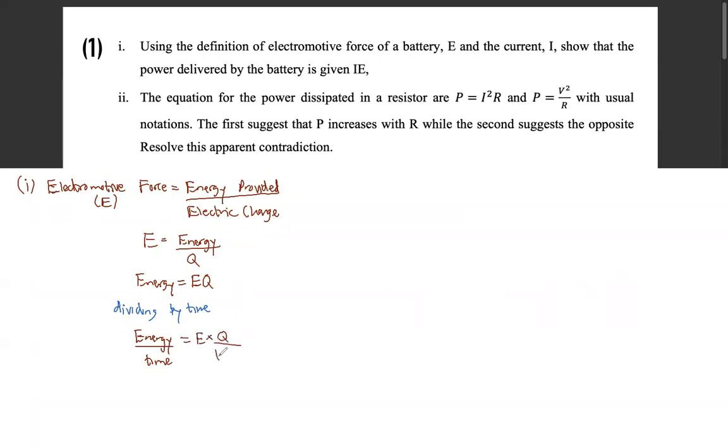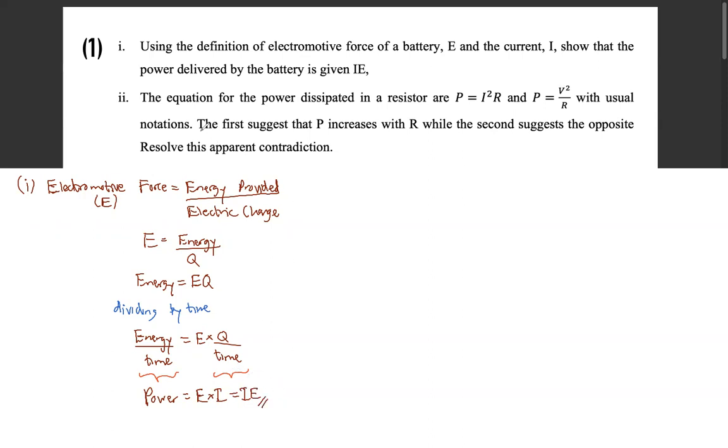So we all know energy over time is power, and q over time is current. So you can say power is equal to E into I. And I think that's what they are asking us to derive. Yeah, IE, finished. Done.